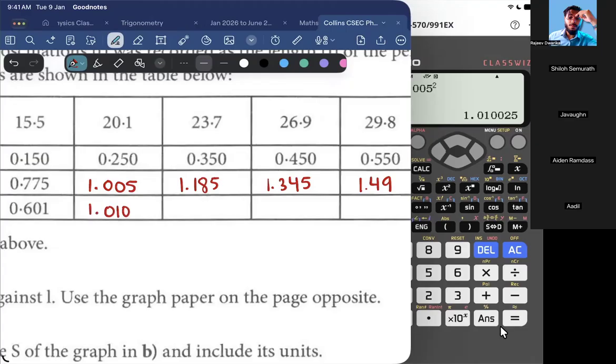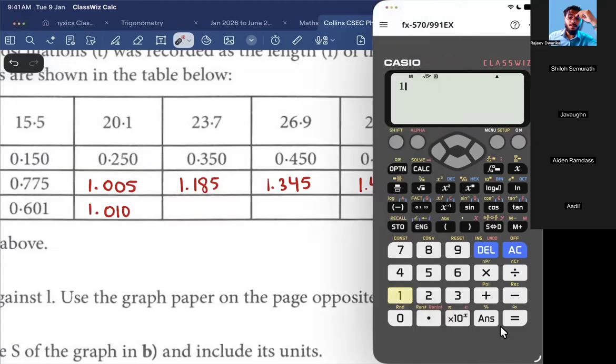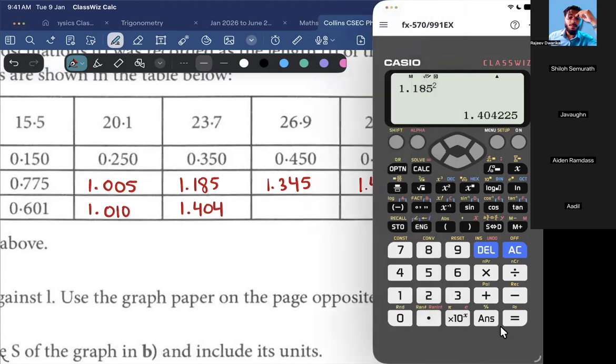And this one over here, 1.404. Then that's going to be 1.345 squared, which is 1.809.